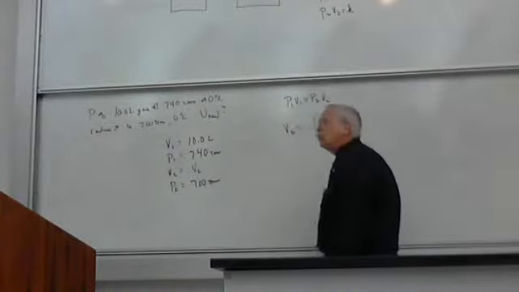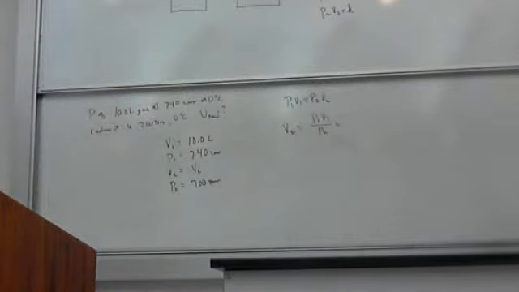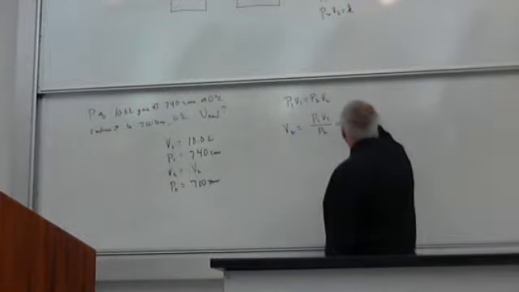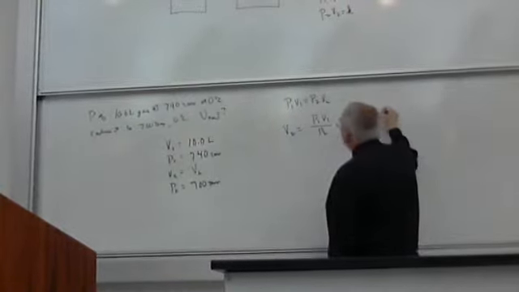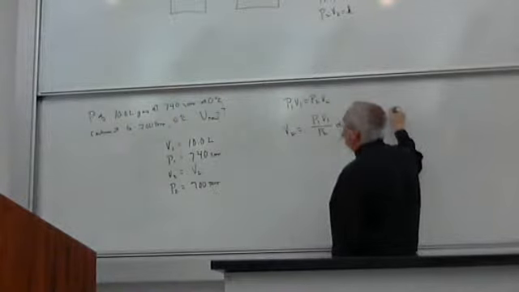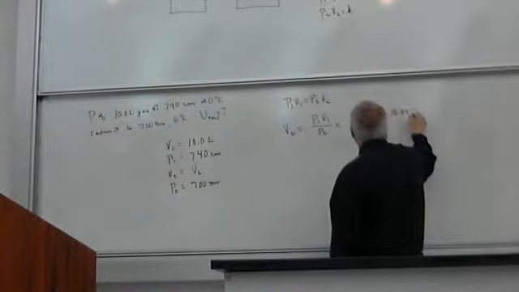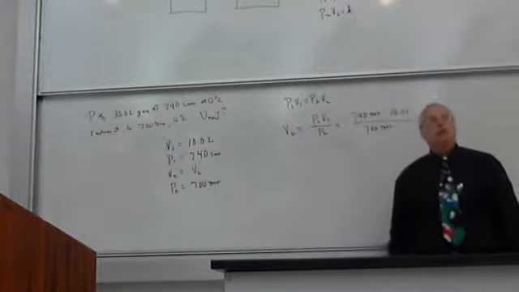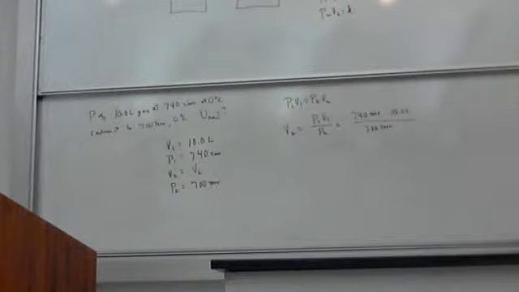Now all I have to do is take my numbers from my little table and enter them into the problem. P1, 740 torr. V1 is 10 liters. And P2 is 700 torr. Now the only condition we have to place on here is that the units aren't that critical.